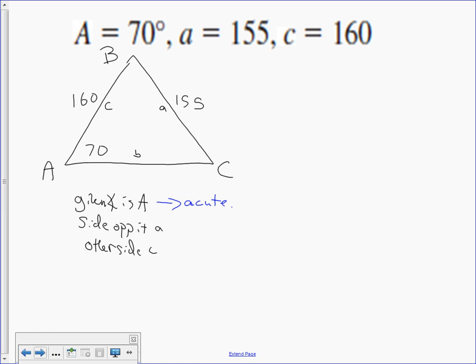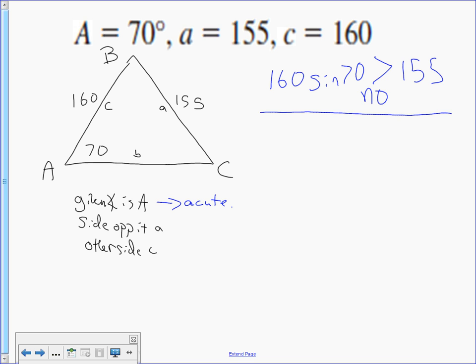So since it's acute, the first thing I'm going to check is what we just did. I'm going to check and see, is the other side, 160, times the given angle's sine, is it larger than 155? I hear a no. Okay, so that doesn't work.